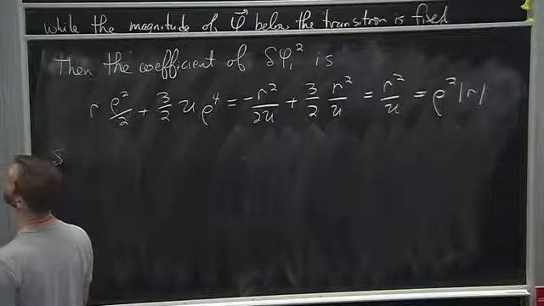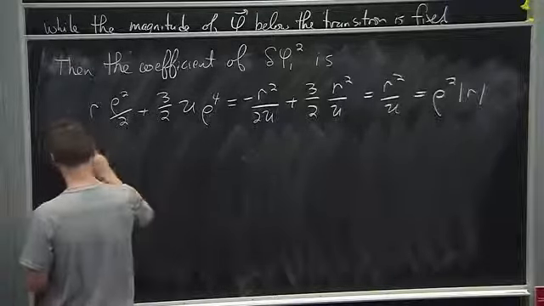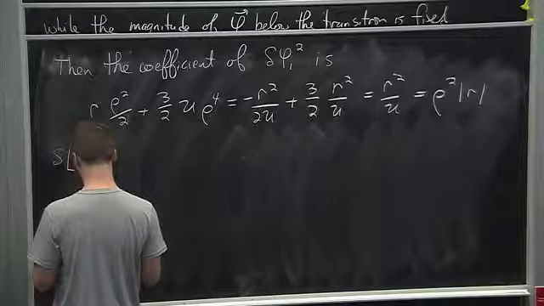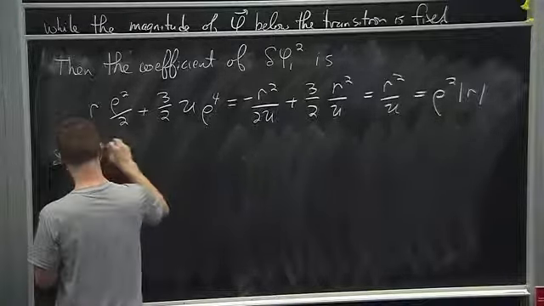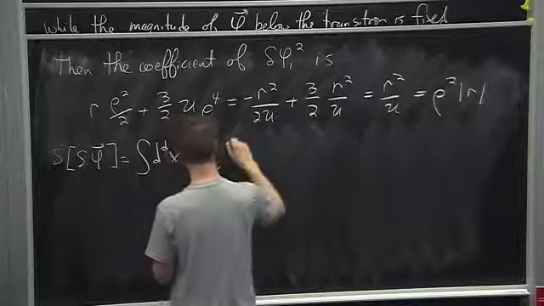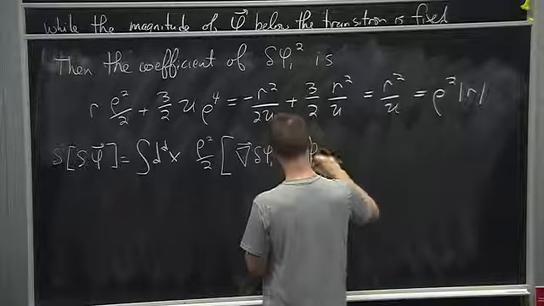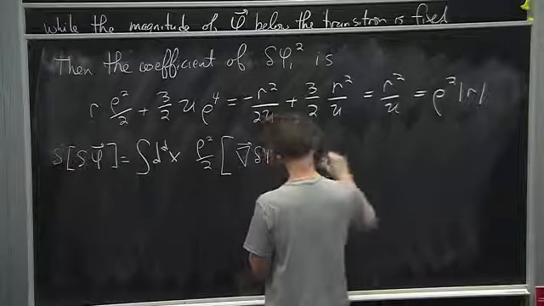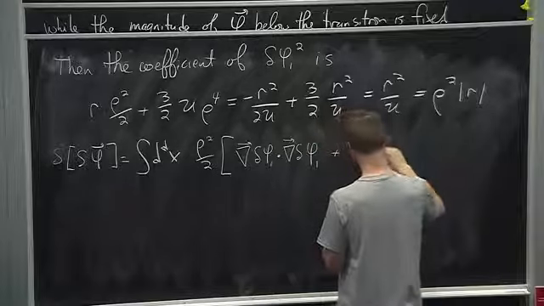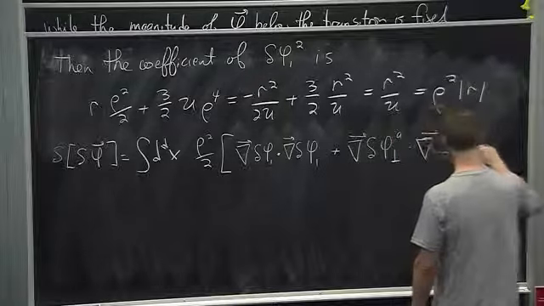Looks like I forgot a fluctuation piece right here, right? Delta fluctuation phi.